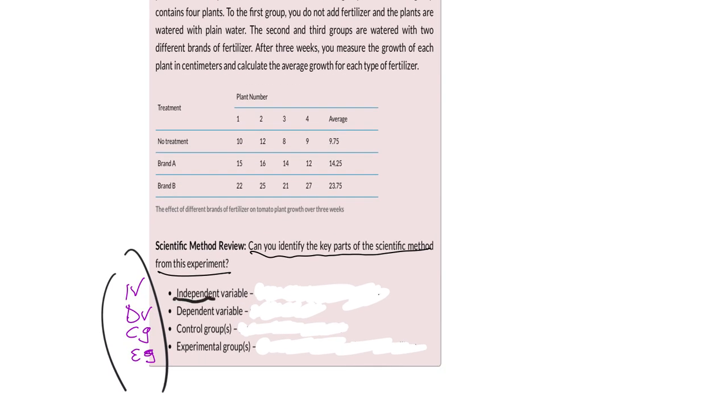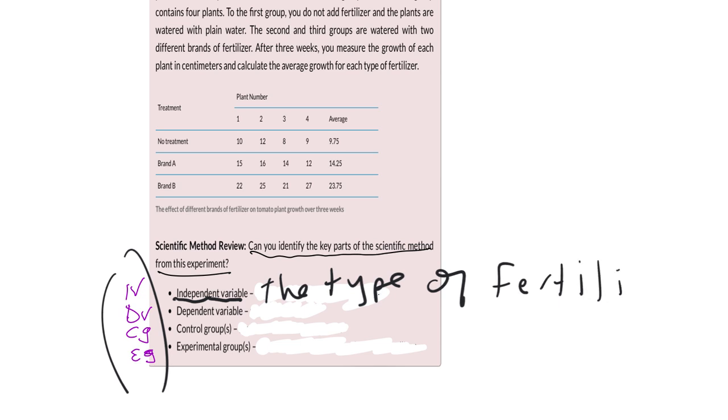Okay, the independent variable. That's the thing that's being manipulated. What variable is being manipulated by the experimenter? The type of fertilizer. Fertilizer A or fertilizer B. What's the dependent variable?